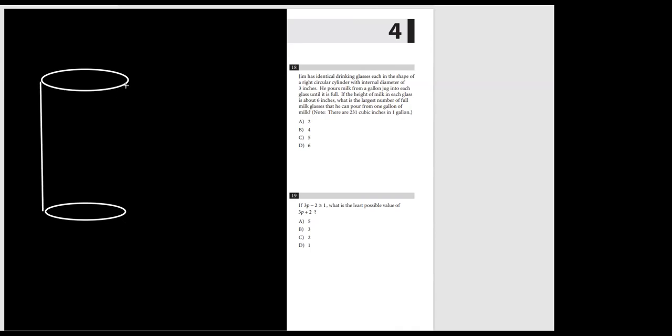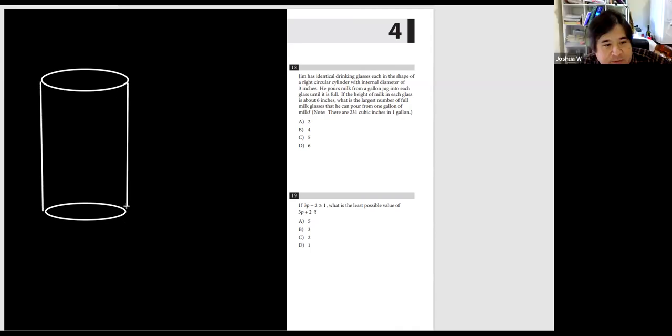So I'm going to have to convert to inches, but I'll kind of draw it. Diameter means the crossing of the circle along the longest chord.